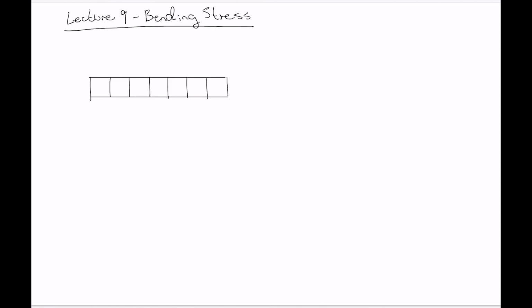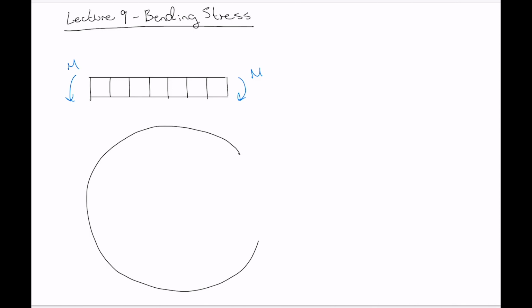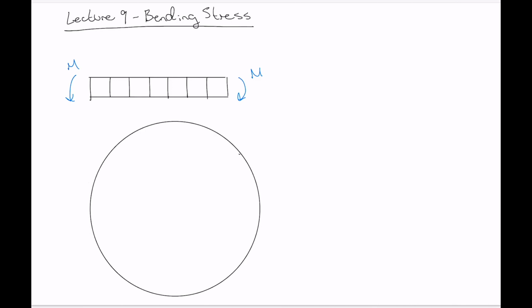And then what we're going to do is apply moments like this to either side and look at how the beam deforms. So I'm going to draw the deformed case, and then we'll look at how those lines change. So bear with me for a second while I try and get some nice pictures here of how the beam might look when it's deformed.